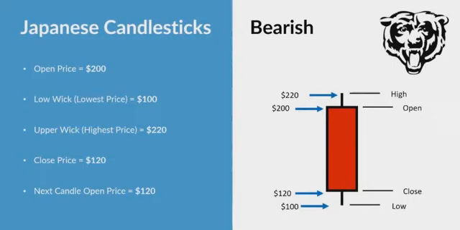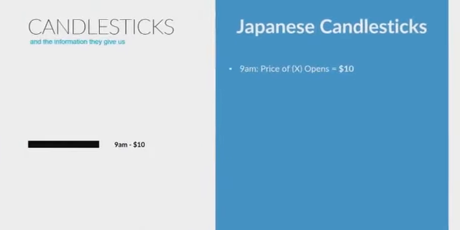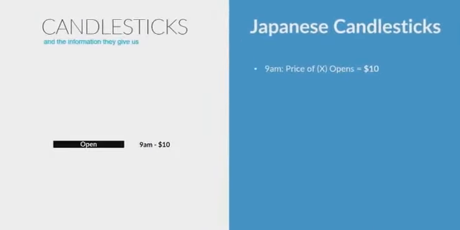So let's look at that in the entire representation of time. Okay, let's look at a Japanese candlestick over a day. If you were looking at it over the whole day, what it would be at a certain snapshot of time. So let's say it opened at 9 a.m. at $10. Let's say we have some company that has done an IPO recently, and at the moment each share is valued at $10.